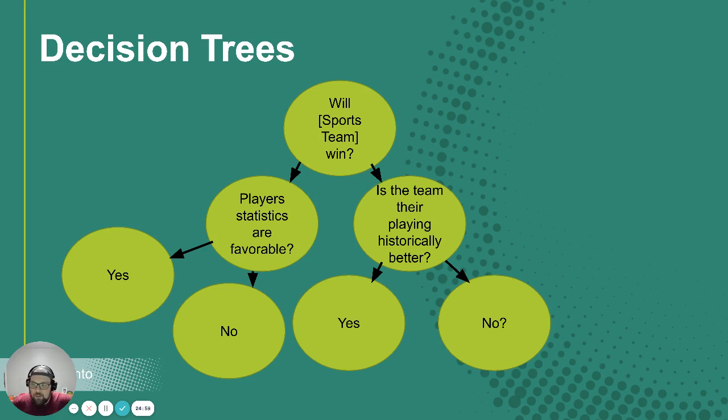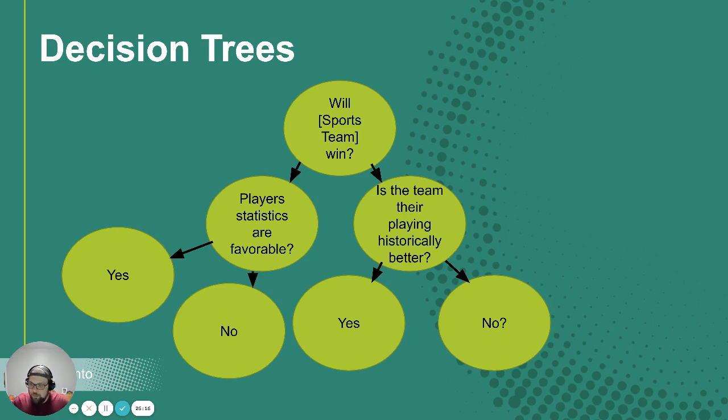This is just a basic understanding of what a decision tree looks like. So you have, will sports team X win? We might look at different features like, are the player statistics favorable? Yes or no? Is the team they're playing historically better?